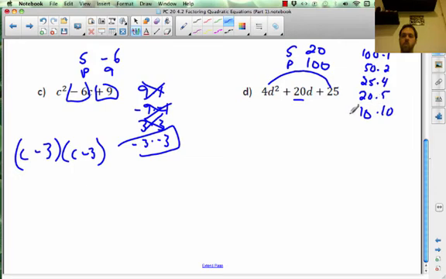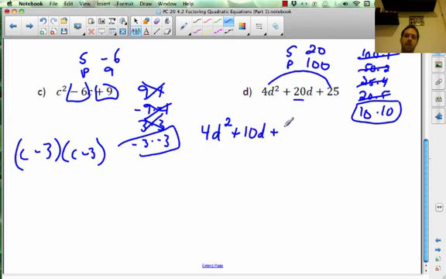Okay, so we want to choose the two that add up to our desired sum. That's 101, 52, 29, 25, and finally 20. So now we rewrite the center term as plus 10d plus 10d plus 25.